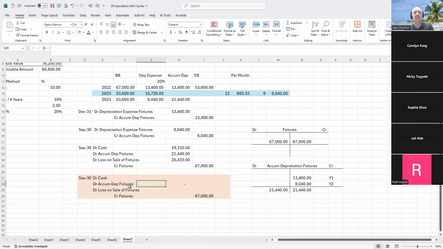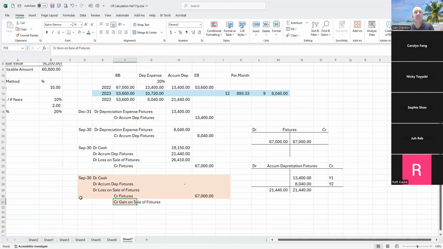Can you guys see it? Yes. If we don't get a loss, what's the other option? Gain. Let's put that gain. Gain on what? On sale of fixtures. Make sense? Are you guys with me? Yeah. All right.